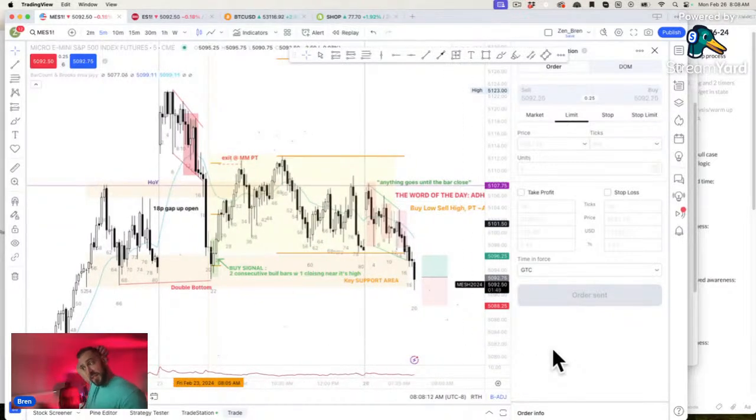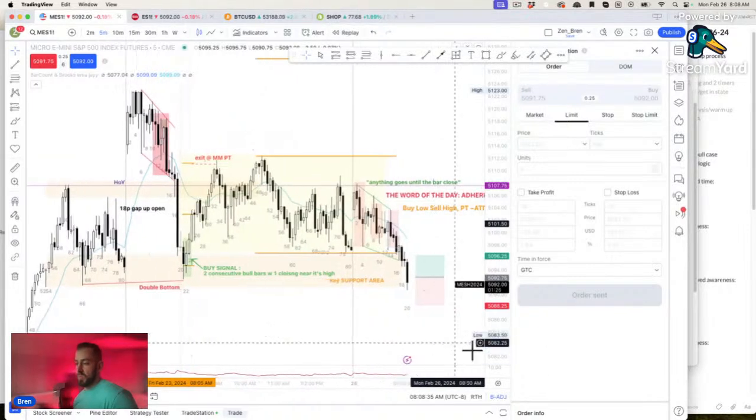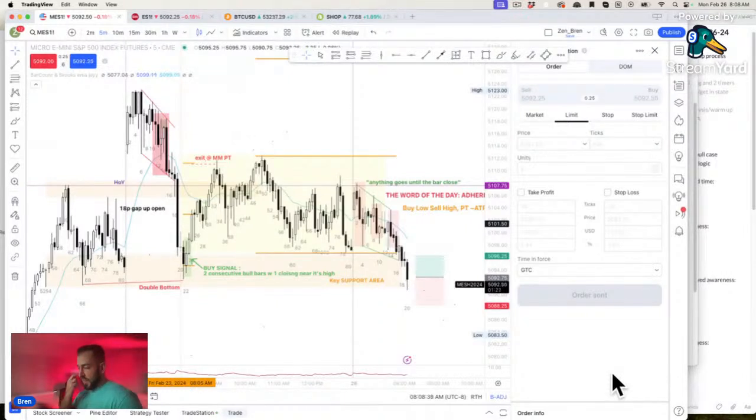So the thing to consider is, do we reverse? Is there something we missed? Or is the same thing happening just in a different way than we thought? That's the question. And we're gonna have to wait for this close to really be able to say.